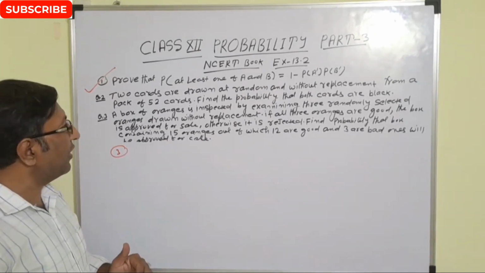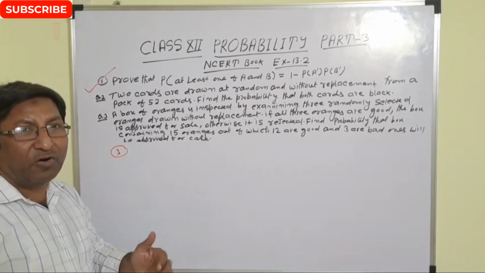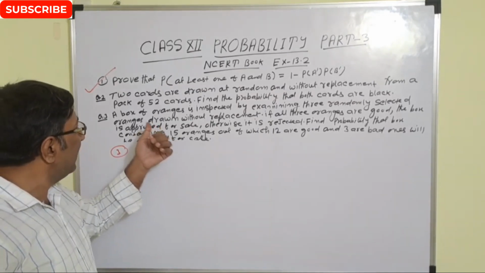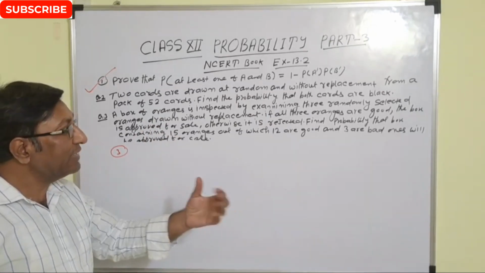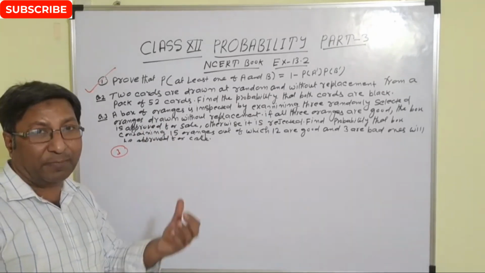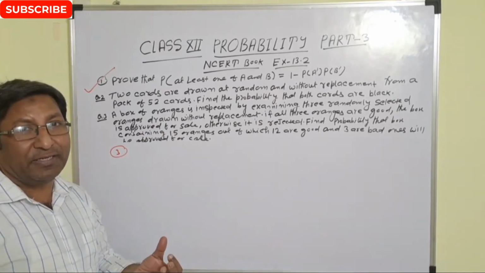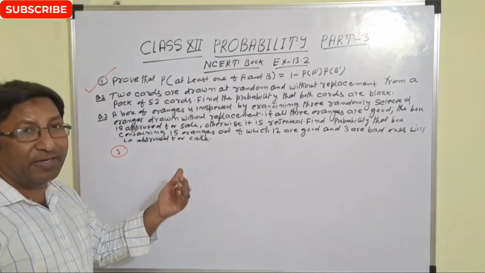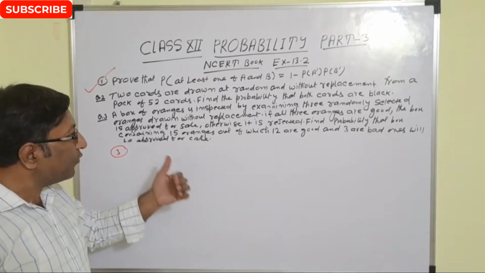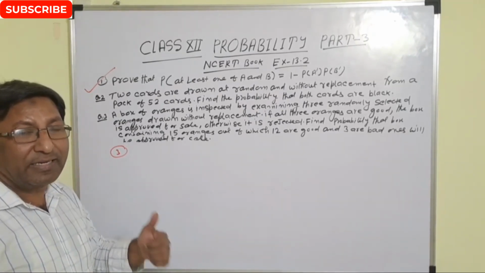So question is what? A box of oranges, there are a lot of boxes. One box of oranges is inspected by examining 3 randomly selected oranges drawn without replacement. You have taken 3 oranges from the box without replacement. If all the 3 oranges are good, then it is approved for sale. Otherwise, it is rejected.